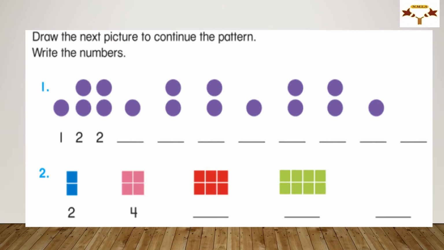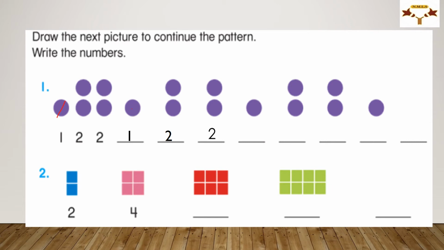So here we have to draw the next picture to continue the pattern. So we're gonna draw and count. In the next one I have just one dot. So here I have 2 and here 2 and here I have only one dot. Then these are 2 dots and here 2 dots.